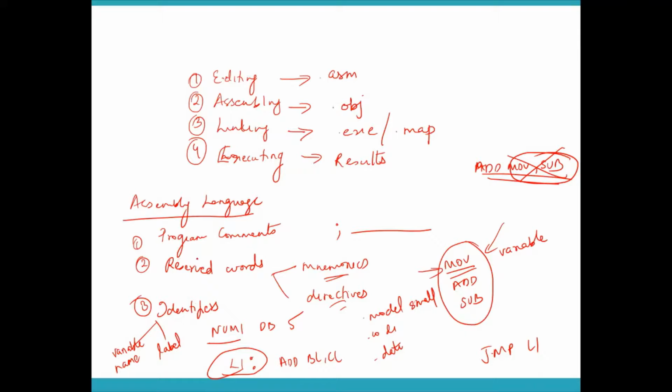So whenever you write assembly language programs, you may find comments in your program. You may find reserved words in your program. You may use identifiers in your program. You may use assembler directives in your program, right? So the fourth element which comes in when you write an assembly language program is an assembler directive. What is an assembler directive?